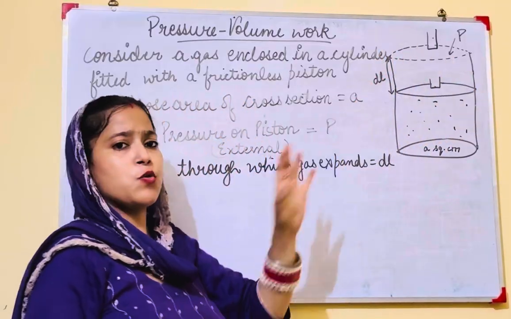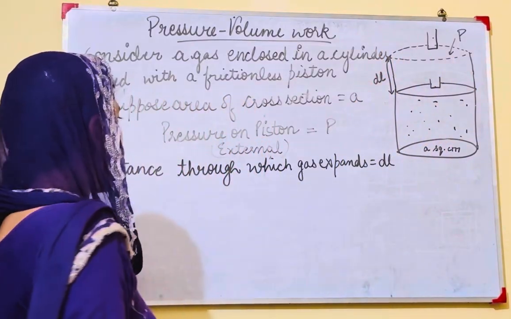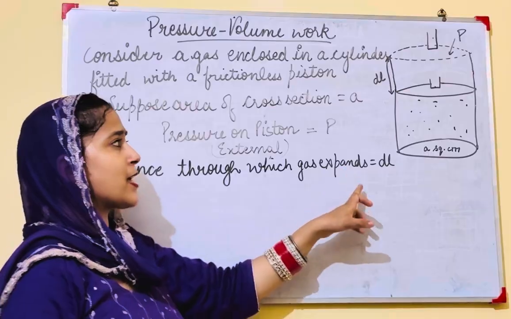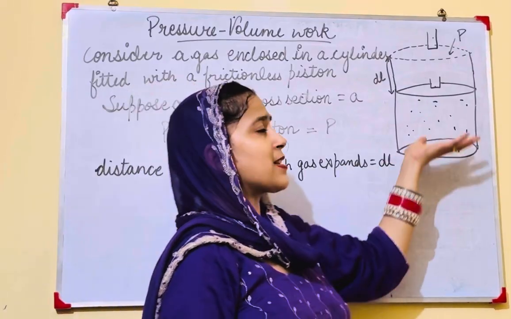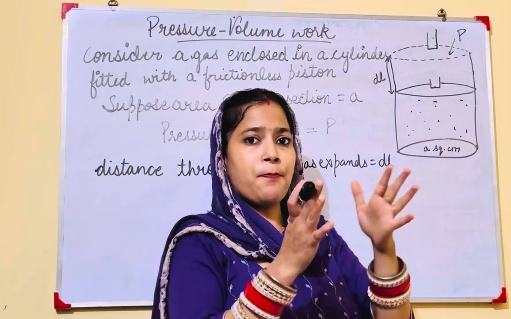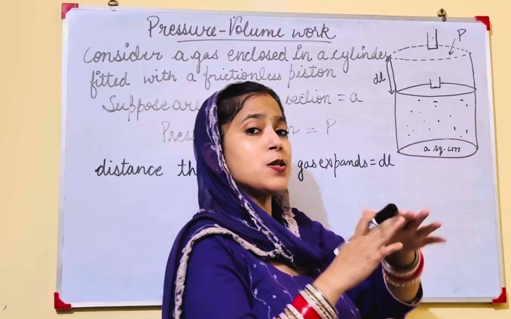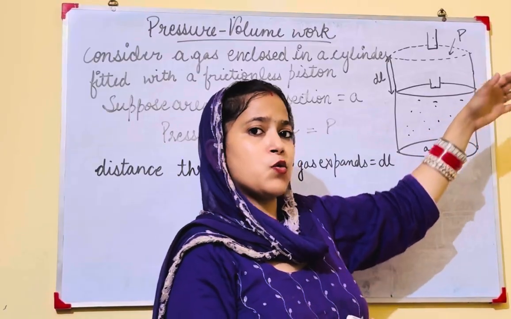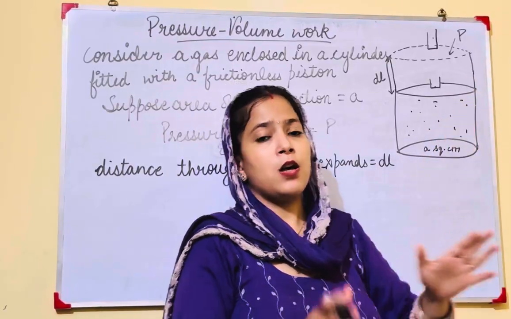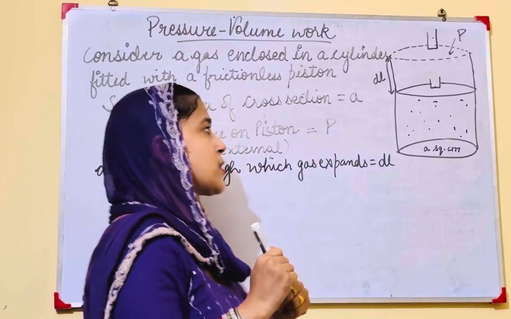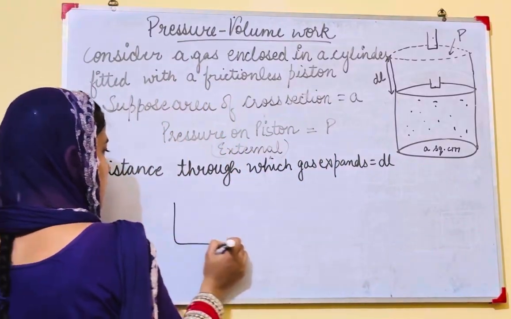These are all the terms you have to know. Next is the distance through which the gas expands. The gas expands because the pressure applied by the gas molecules is more than the external pressure. There are two situations.